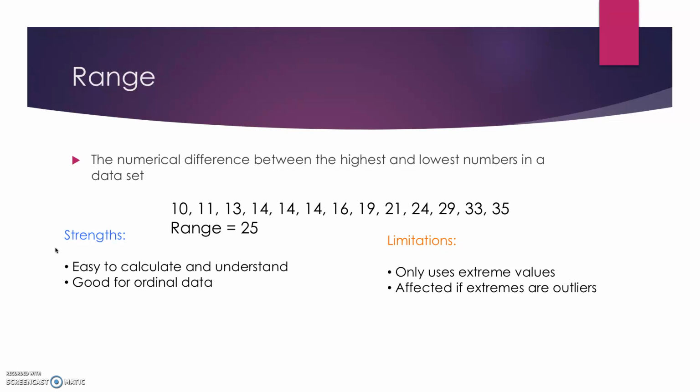An advantage of the range is that it's very easy to calculate, no matter how many values there are in a data set, as it only includes the highest and lowest values. Also, it's very good with ordinal data, especially considering it is just so easy to work out. However, a disadvantage is that it only uses extreme values, so outliers can really affect the result.